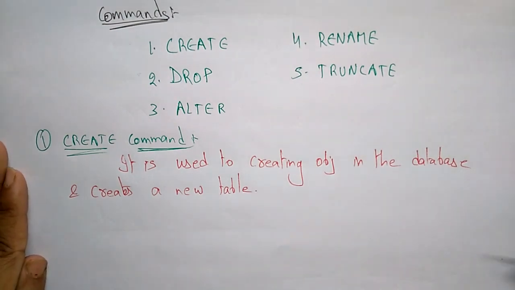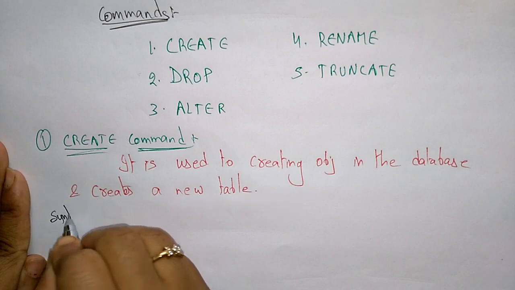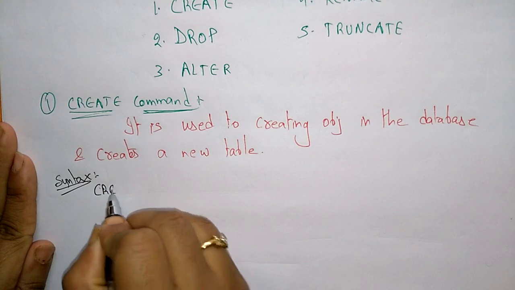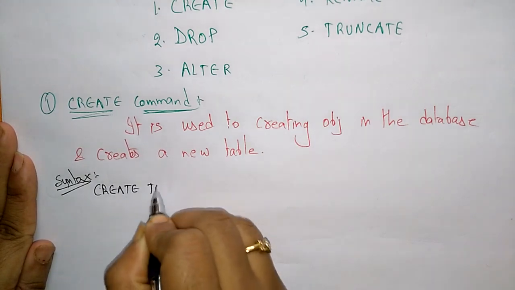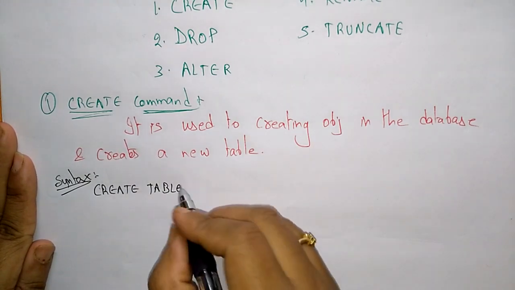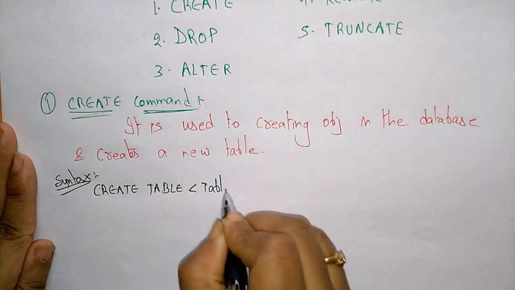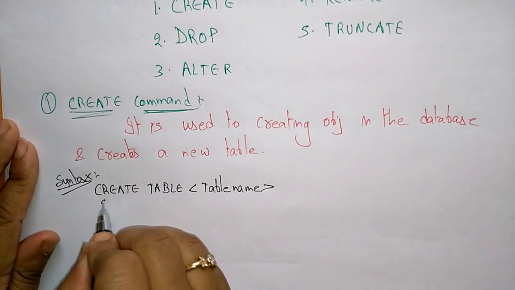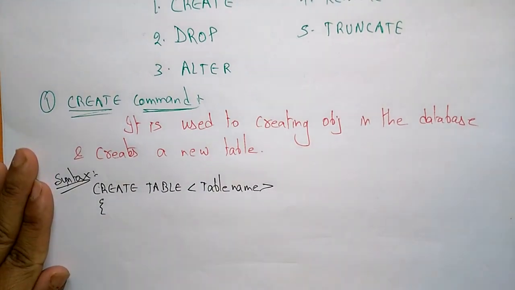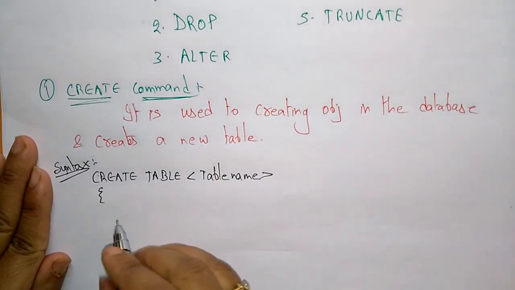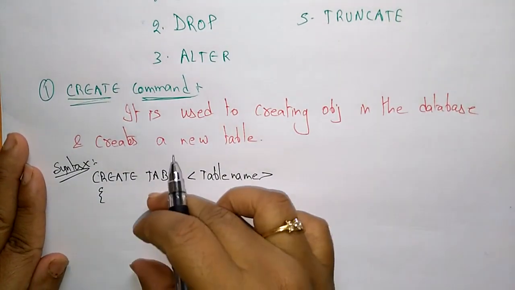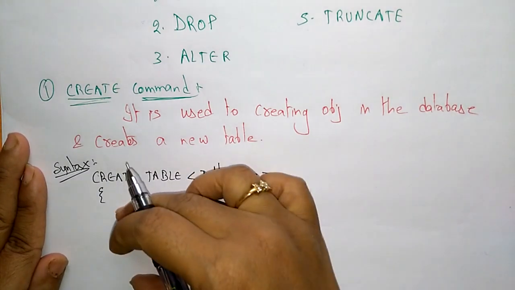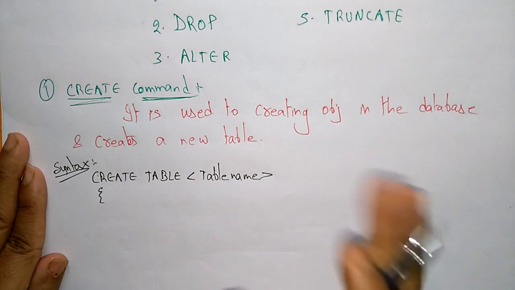So let's write the syntax for this create command. What is the syntax for this? Create table. Here you have to write the table name, the relation name, whatever you want, and then braces, curly braces. For creating, you have to write the whole definition within the braces, just like a function.